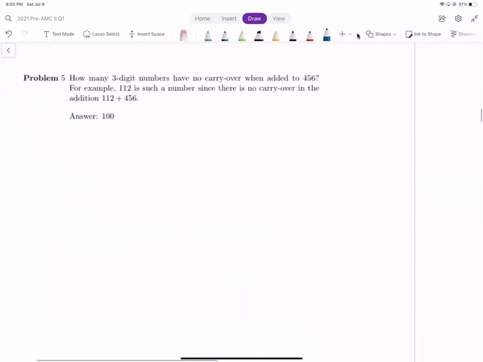Question number 5. How many 3-digit numbers have no carryover when added to 456? So we add this, right? And the requirement is no carryover.